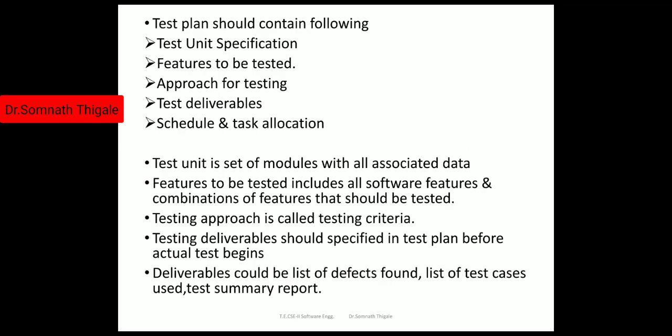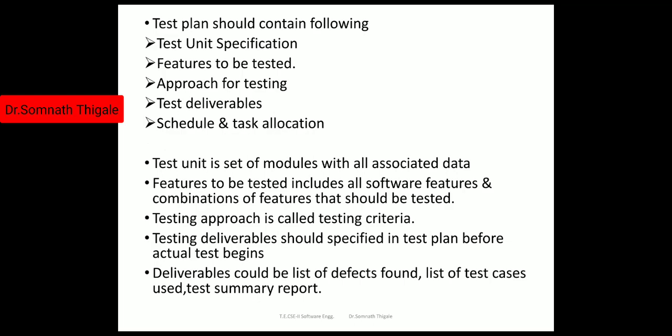These are the inputs for the test plan. Now the test plan should contain the unit specification. As we know, testing cannot be done as a separate part, or at a single point. We have to divide it into different levels, like unit testing, integration testing, module testing, system testing, and the last is user acceptance testing.